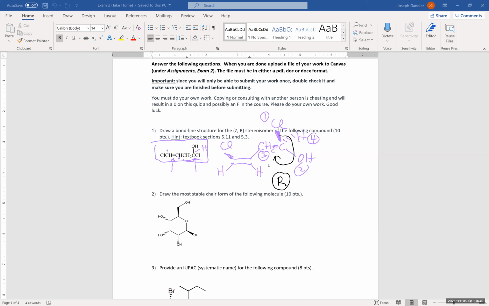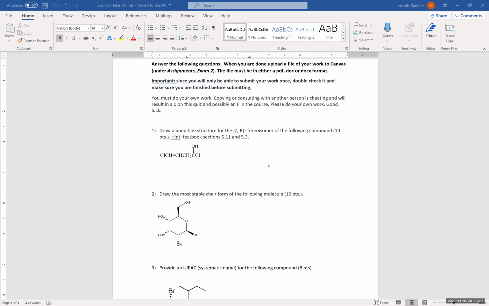So that's a structure for the ZR stereoisomer of this particular molecule. There are several ways to represent it, but they need to include these features. Okay, so I hope that's helpful. I'm going to erase this and go on to the next question.